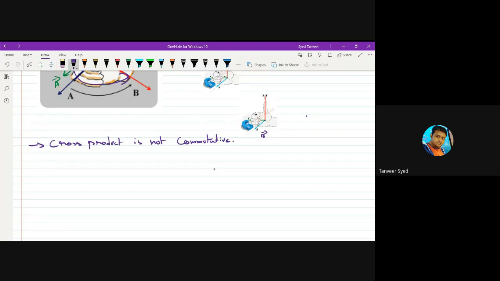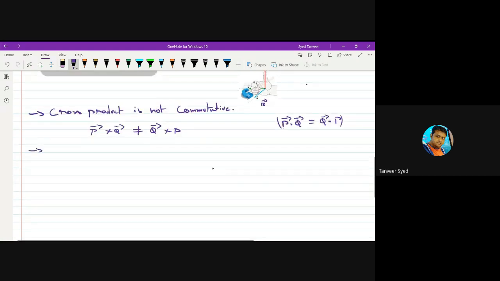If two vectors don't have the same direction, they are not equal vectors. Whereas P dot Q is equal to Q dot P, because that does not have any direction, only magnitude. That's why it is commutative. This is not commutative.